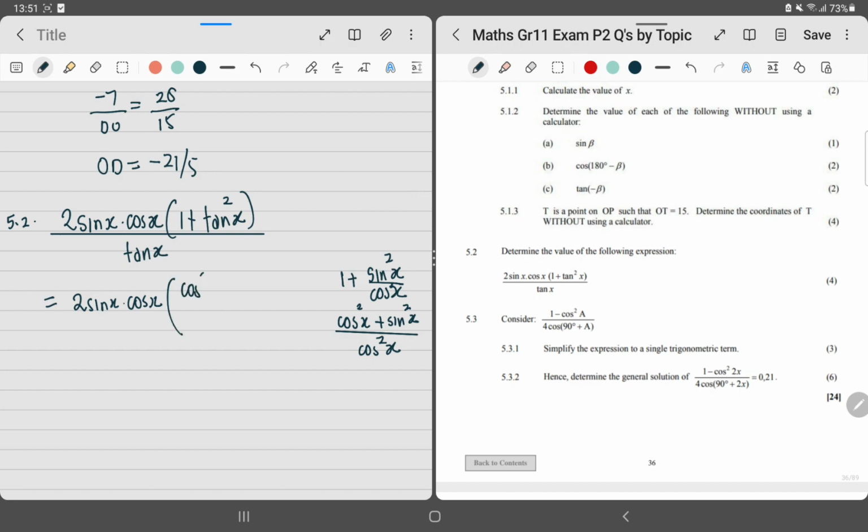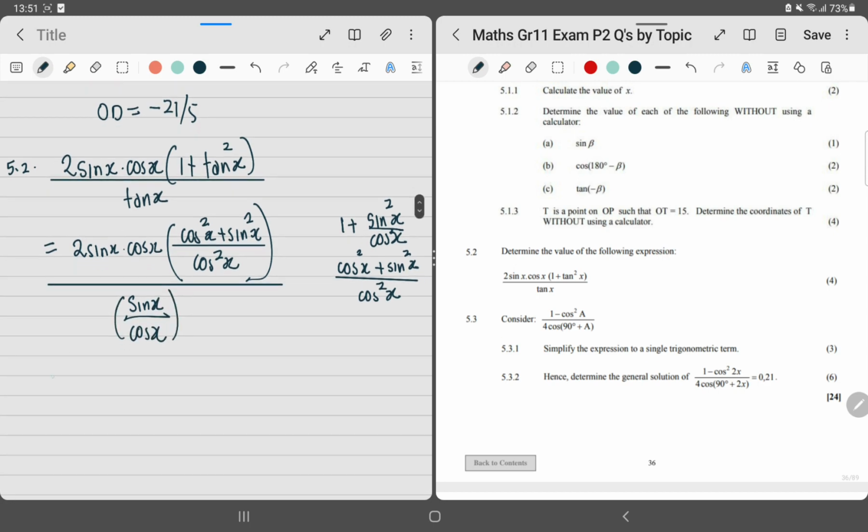This is cos squared x plus sine squared x all over cos squared x. This is sine x over cos x. And then this is 2 sine x cos x.